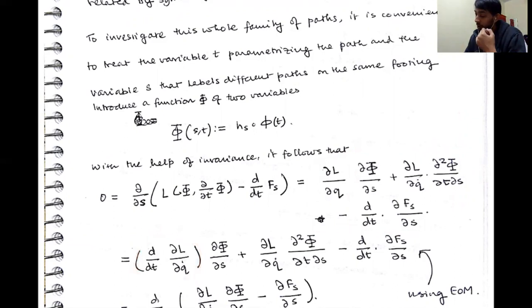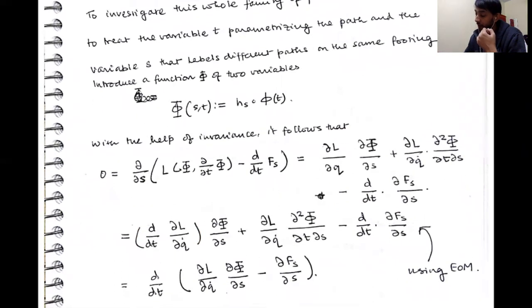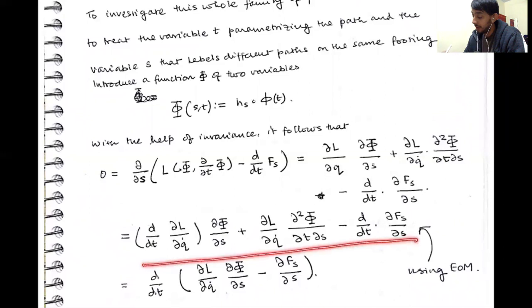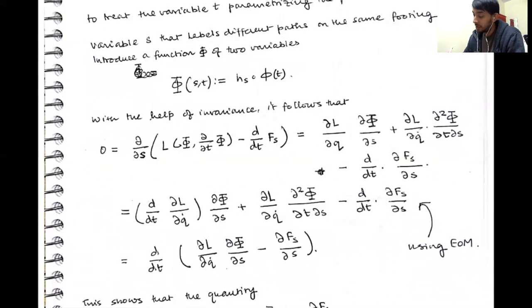We have just replaced this with this, and the rest stays the same. Then it's easy to see that you can write this in the form of d/dt of something, which is just this.